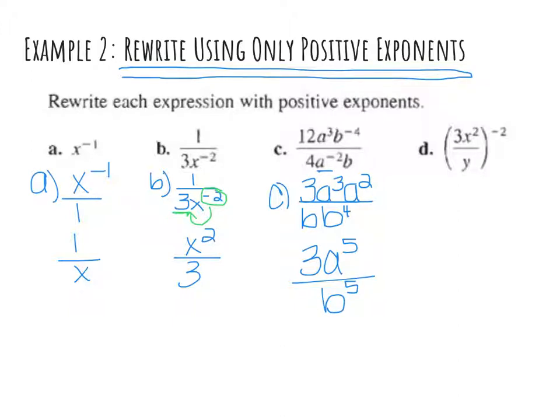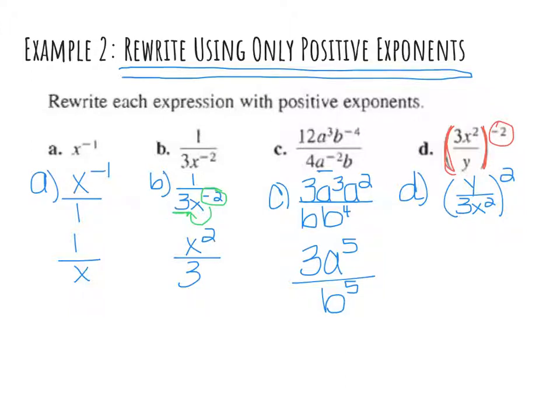Let's take a look here at how the entire expression is being raised to a negative exponent. When this occurs, we can simply take the reciprocal of the fraction and make the exponent positive. So with d, the first step we can take is to make this y over 3x squared to the positive 2.